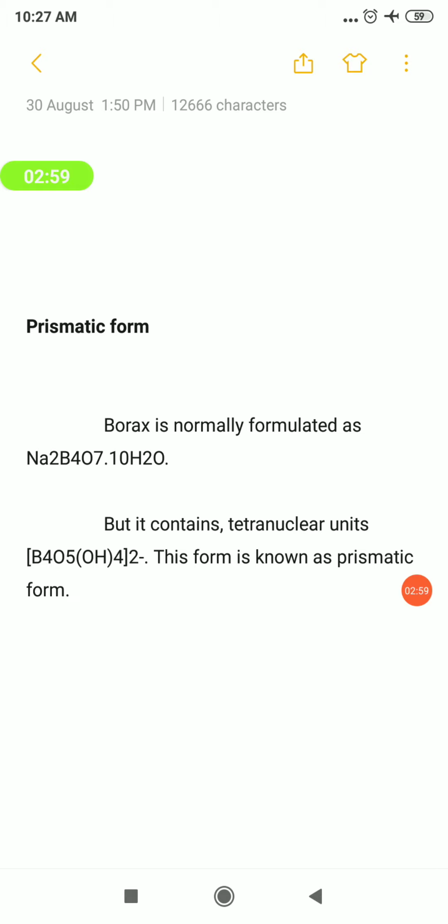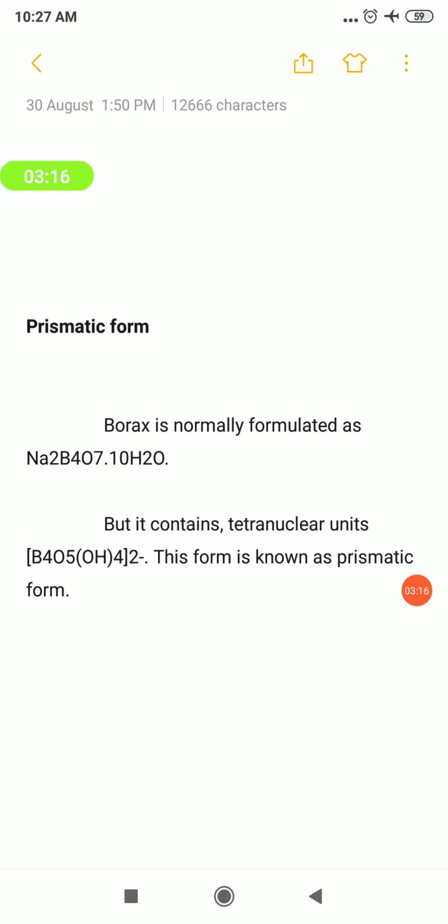In 2 marks it can be asked: why does borax always exist in prismatic form? Because this borax molecule contains tetranuclear units of [B4O5(OH)4]2-, hence it always exists in prismatic form.